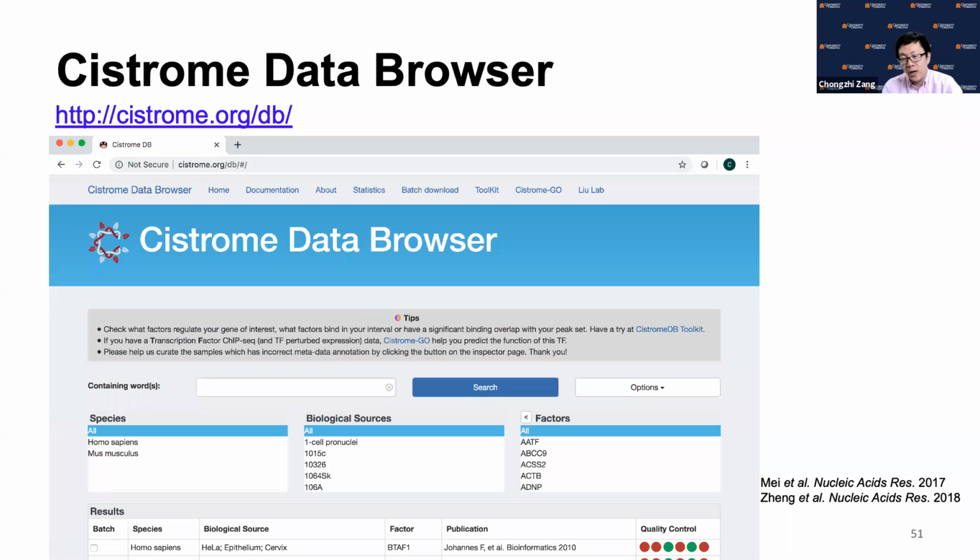Or if you want to design a ChIP-seq experiment and you don't know which antibody to use, you want to find a high quality antibody, then you can browse this browser to collect all the ChIP-seq data for that specific factor that you want to profile, look at the quality control of those data sets and select the antibody that was used in others' data to generate high quality data. So that's a very useful and powerful tool to collect and use publicly available information.